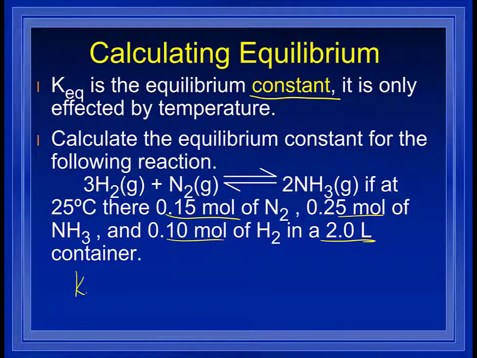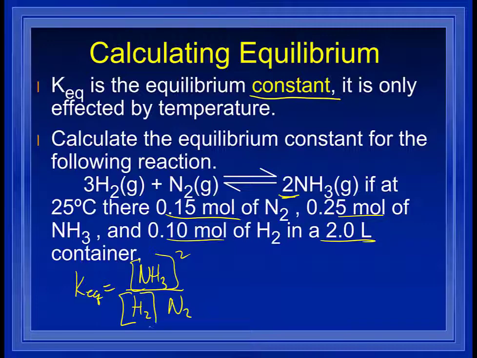So the Keq equals, I always write the equation out so I know what numbers to stick in. The number for NH3 on top, H2 on the bottom, N2 on the bottom. I want them in molarity, and I need the NH3 squared. I need the H2 cubed, and N2 to the first power.